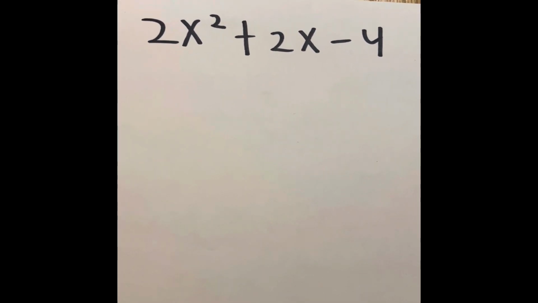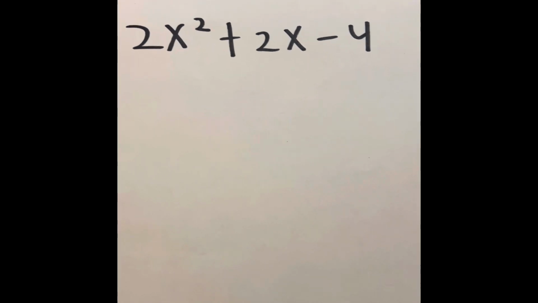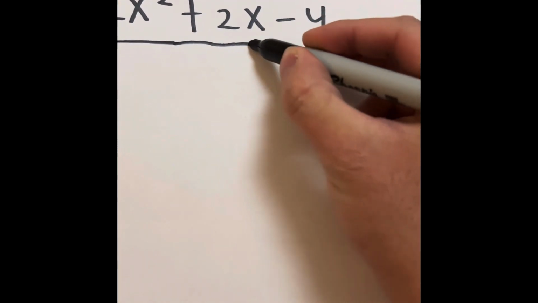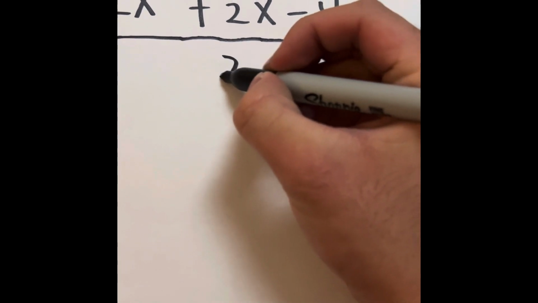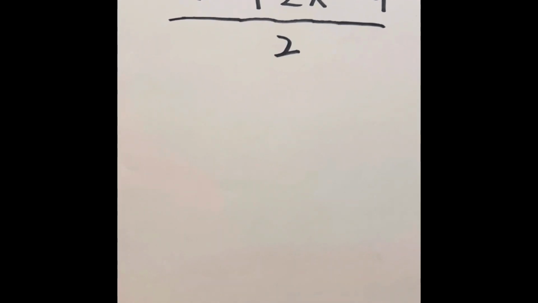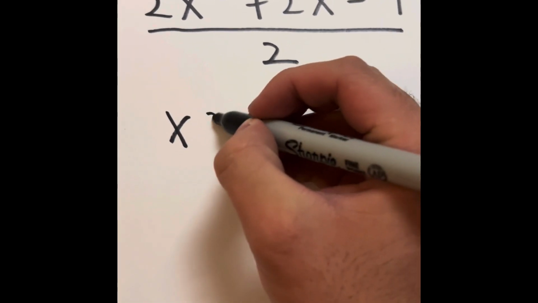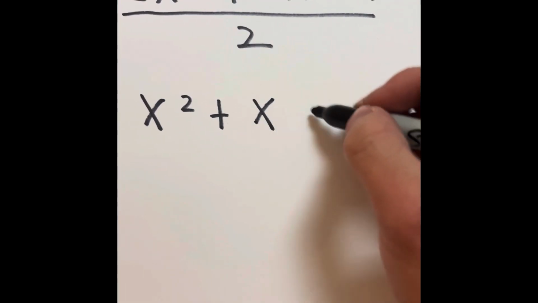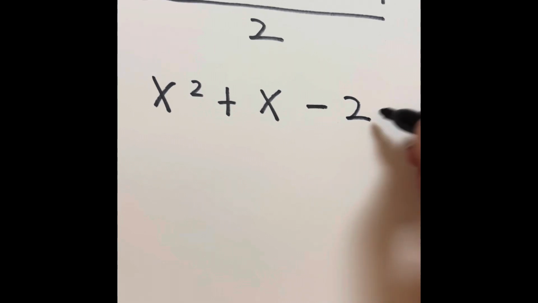If your a, b, and c values are divisible by 2, you want to simplify the math as much as possible so other people can understand it. So divide everything by 2. Now we have just x squared plus x minus 2.